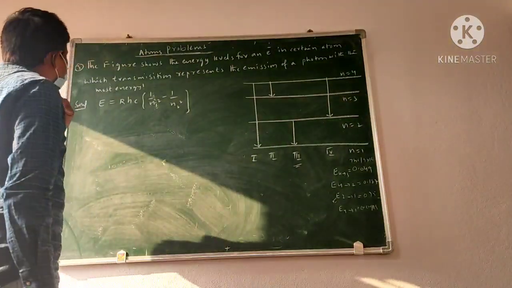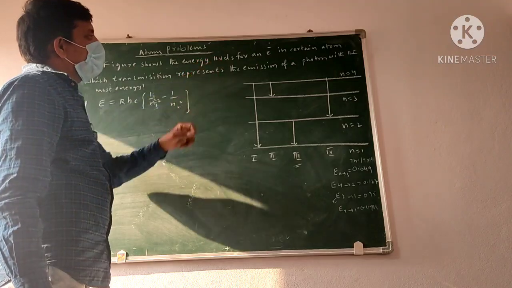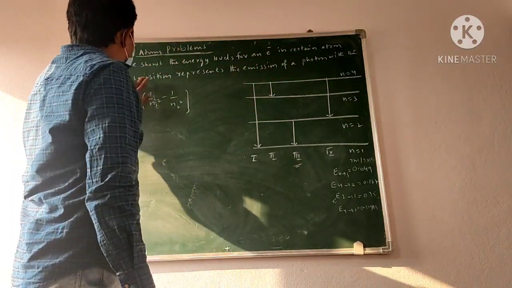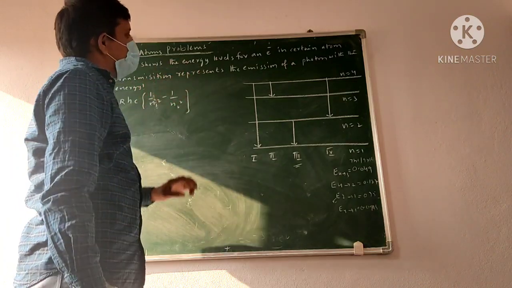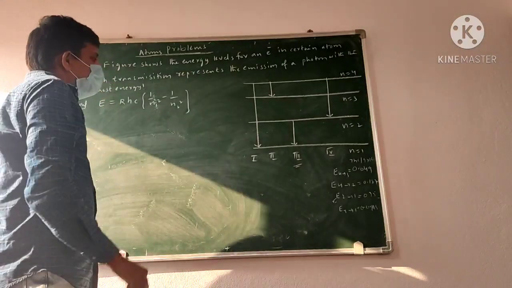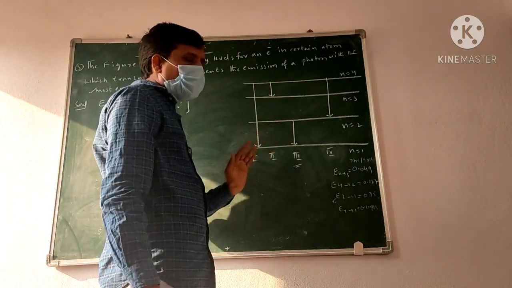So next problem. The figure shows the energy levels for an electron in a certain atom. Which transition represents the emission of a photon with the most energy? So when you observe the figure, the electron transitions are given.